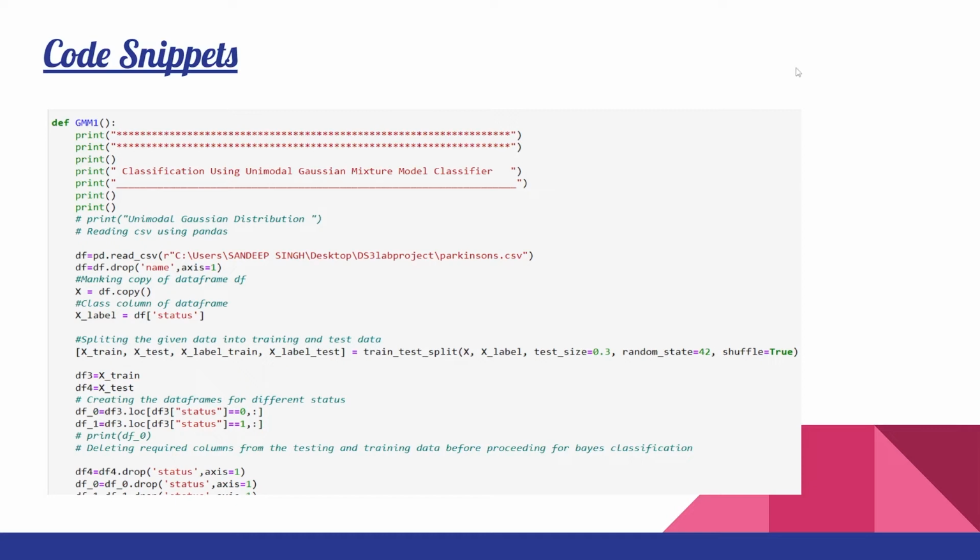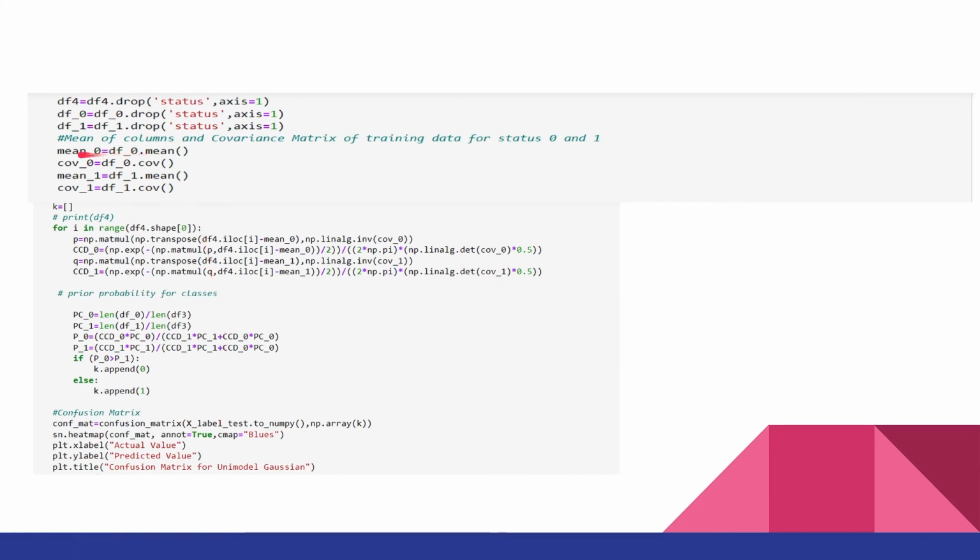Now I have written the code. Firstly, I have read the file, then split the data into test and training data. Then I have created data frames for different status, that is 0 and 1. Then I have dropped the columns which are useless. Next, I have found the covariance matrix and mean of training data for status 0 and 1 using the inbuilt functions.